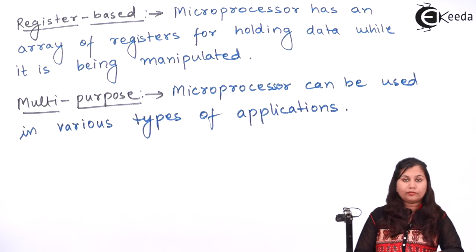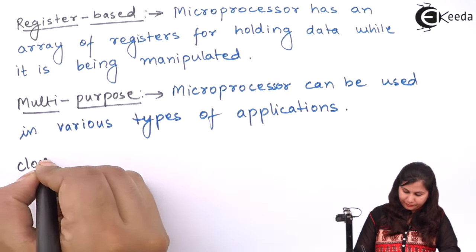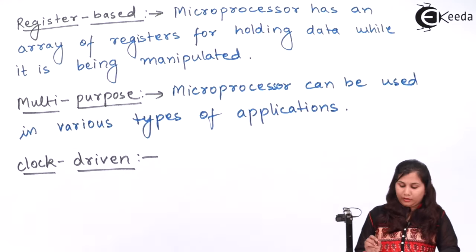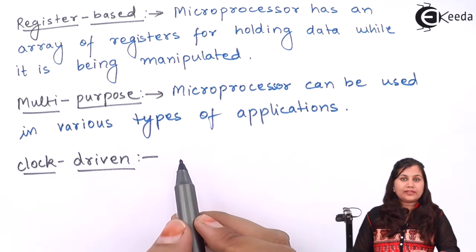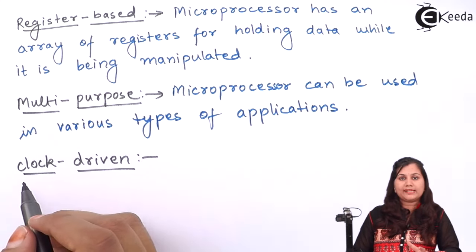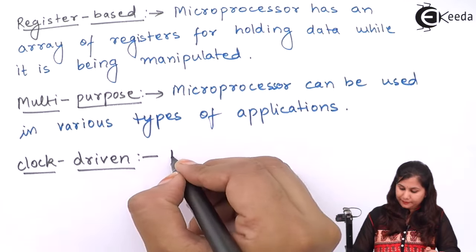The fourth term was clock driven. So the microprocessor starts its working or comes into operation when a clock frequency is provided to it.